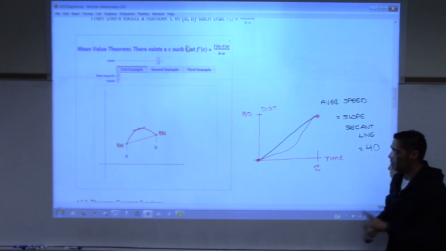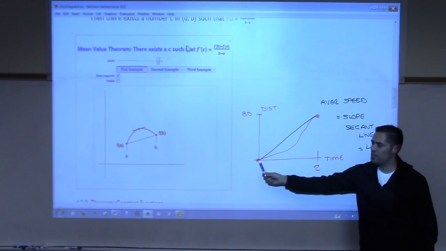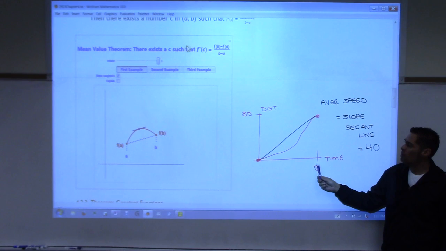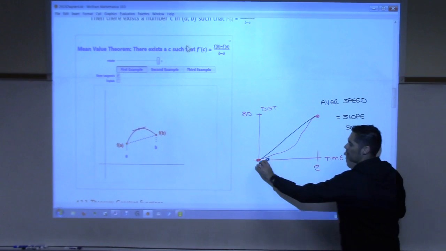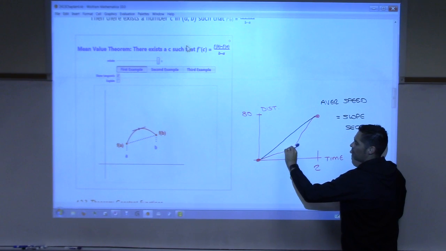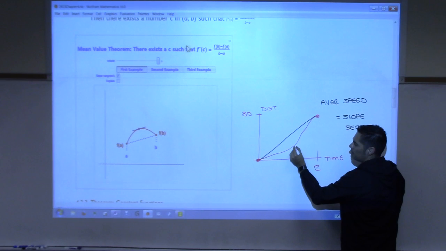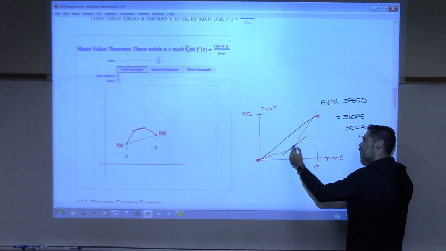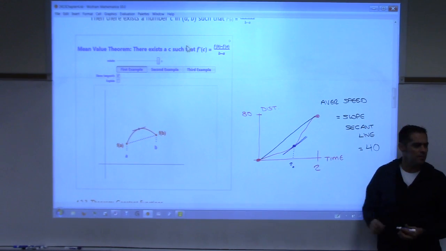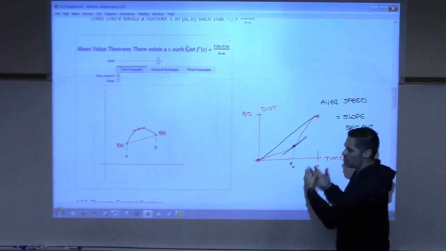According to the mean value theorem, there has to be some point in here, between 0 and 2, where the tangent line should be parallel to that. Which means somewhere in here, maybe about right here, the slope of the tangent line was parallel to the slope of the secant line, which would mean what in terms of this word problem?